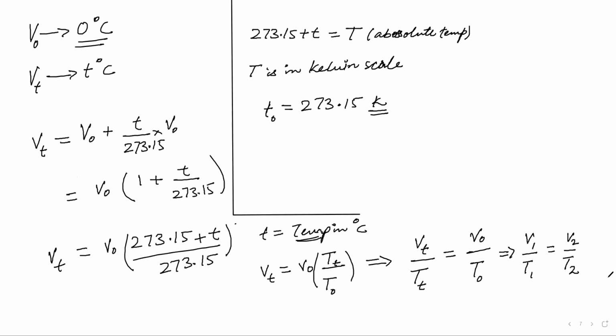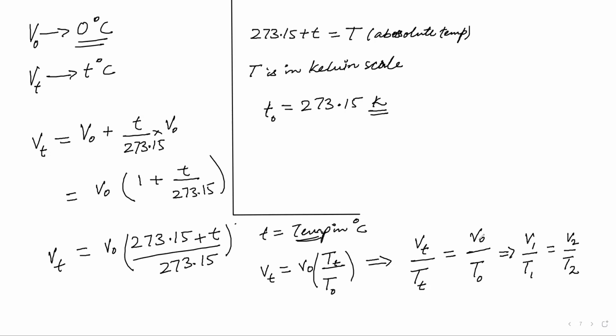Okay, now write this. Sir, how you got this last line? V1 by T1 is equal to V2 by T2. Okay, can I say the volume and temperature, these are T1 and T2. T are in Kelvin scale. So the volume at temperature T and the Kelvin at temperature T, these are the same temperature. So V1 and T1, and another temperature, V2 by T2.